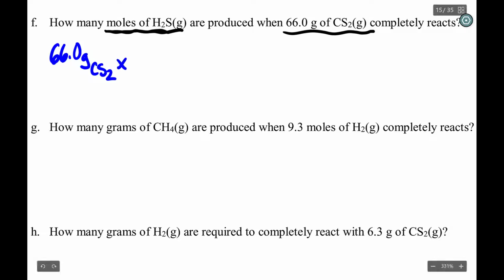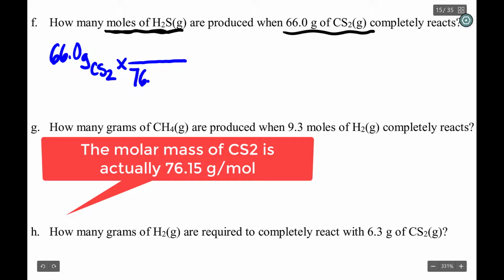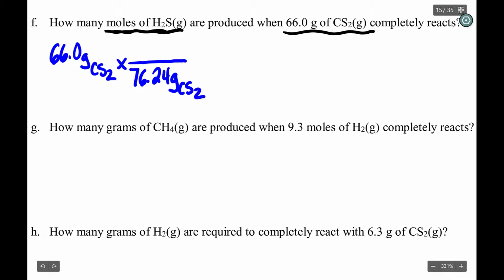So, to do that, I would have to calculate the molar mass of CS2, which happens to be 76.24 grams of CS2 for every 1 mole of CS2. What that will do is cancel out the grams of CS2, and I'm left with moles of CS2.